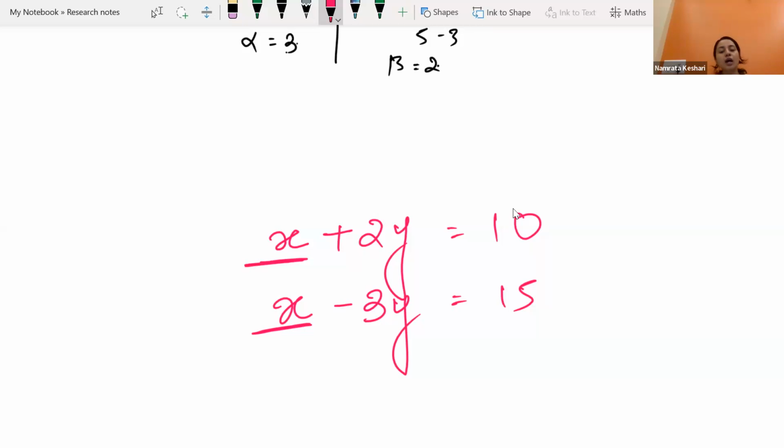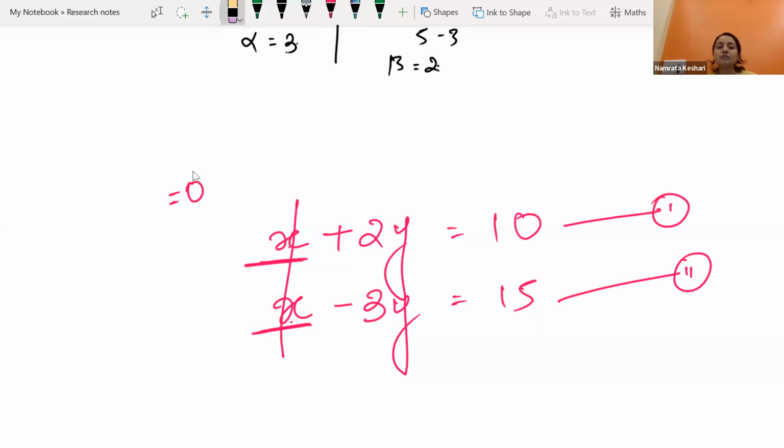We can now think about adding these two equations or subtracting them. When you add x with x, will it be 0? Or when we subtract x from x, then it will be 0. Eliminate means to create 0.